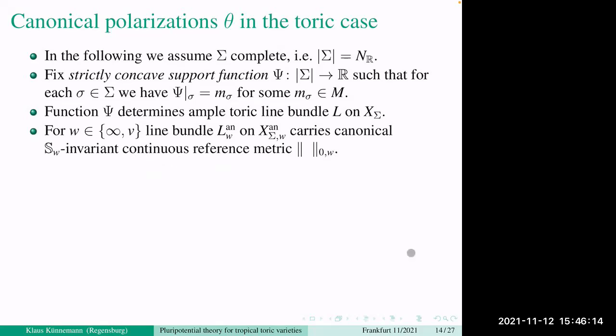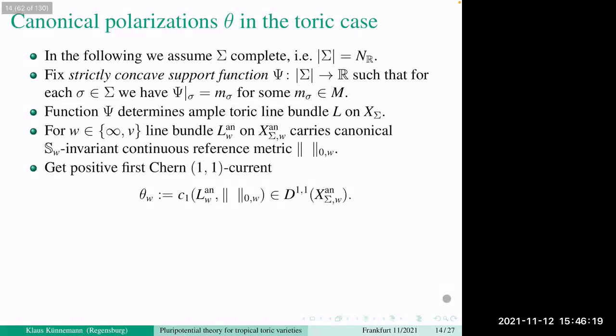It's just a continuous metric, and this is the one we want to use for reference. For this metric, usually you would say if you have a metric, you get a Chern form. But here the metric is only continuous, so it's actually a Chern current. And these will be these currents theta.